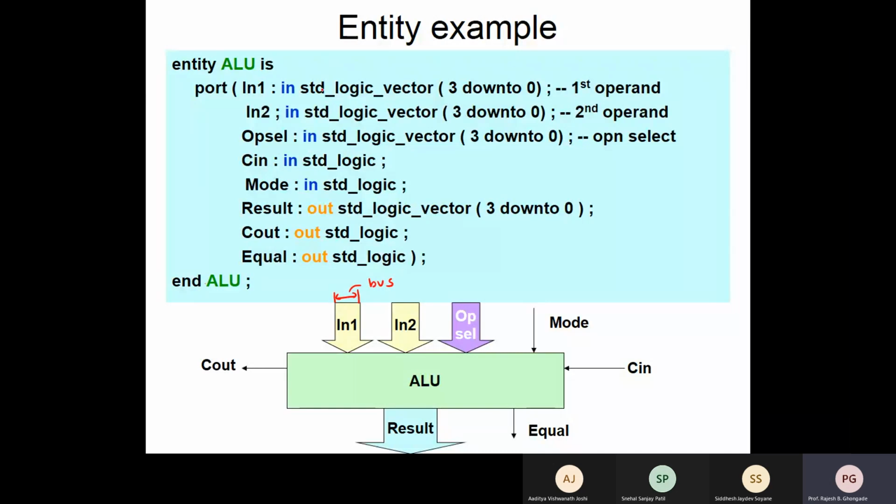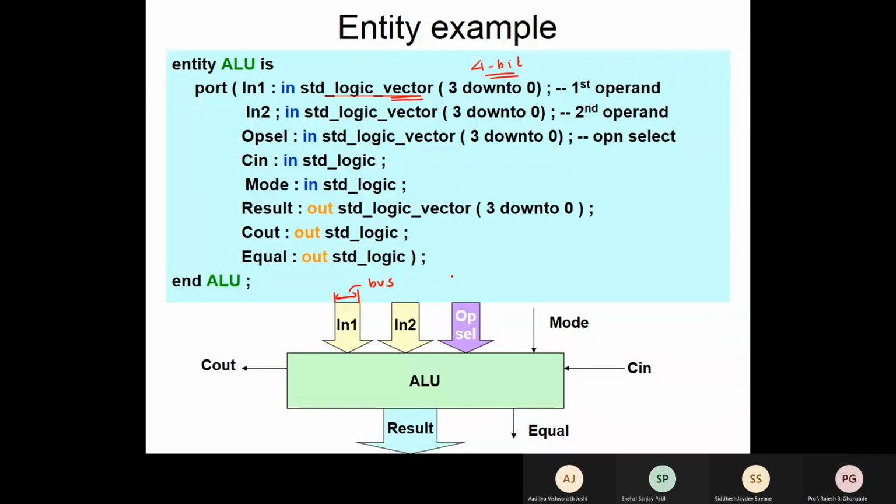Instead of STD underscore logic, you declare it as STD underscore logic underscore vector. This is another important keyword. And then what is the bus width? 3 down to 0 means it is a 4-bit bus. So in1 is a 4-bit bus, in2 also is a 4-bit bus, opcode is again a 4-bit bus, the result is again a 4-bit bus, and so on and so forth.